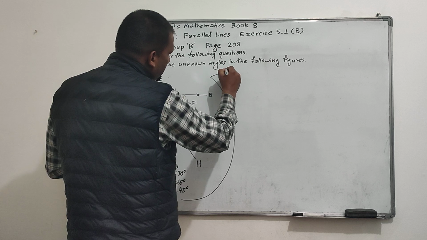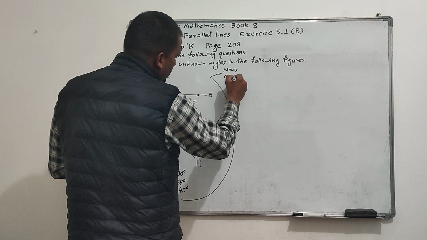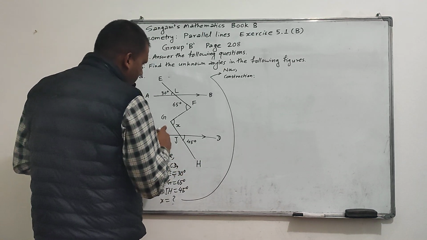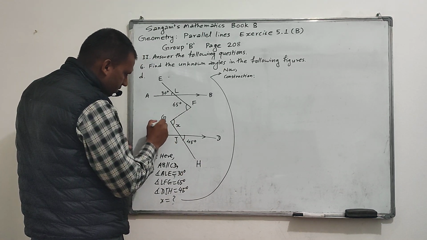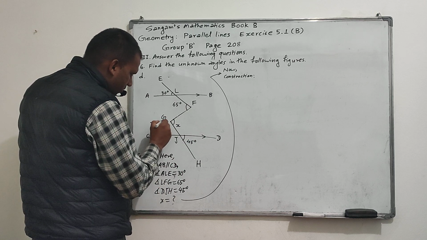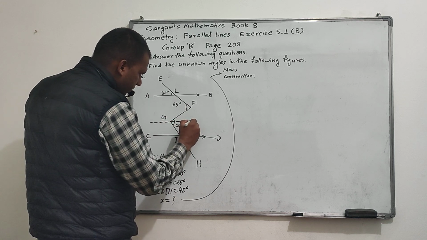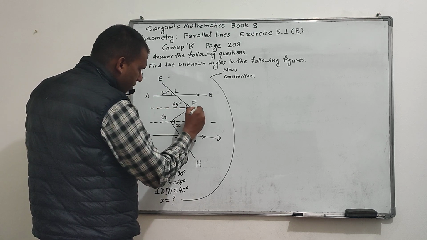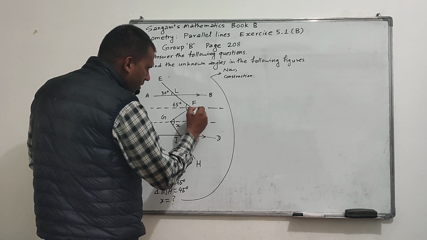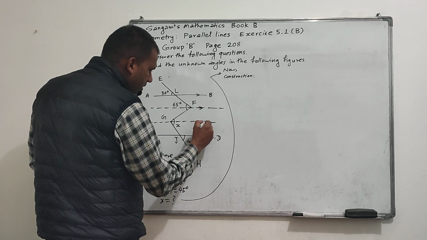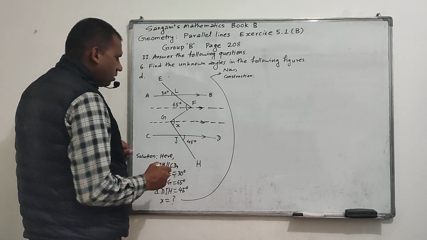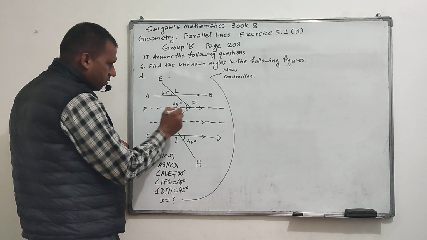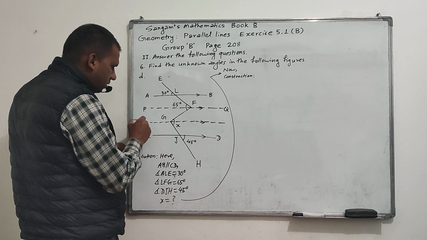Now construction. We will need double construction through point G and F. We have to draw imaginary parallels, PQ and RS.